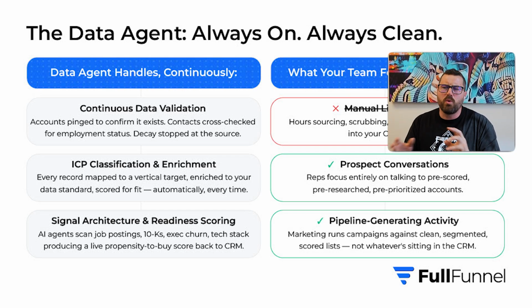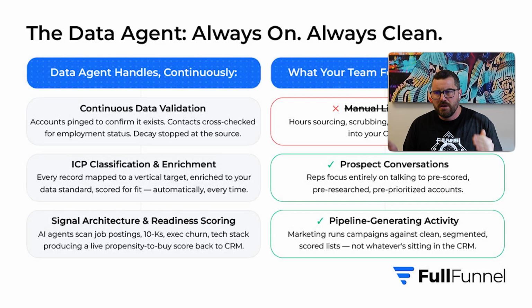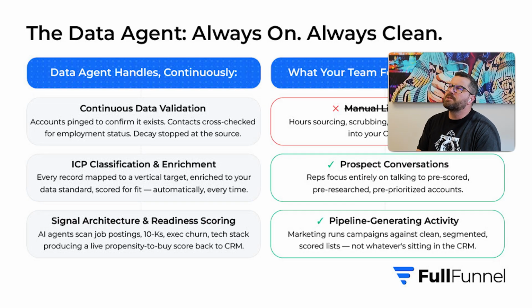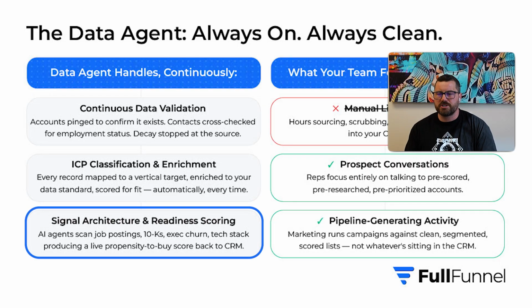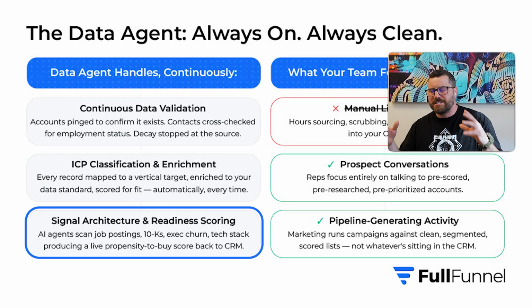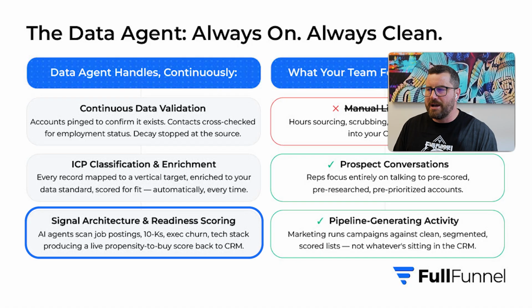So when you think about what a data agent is handling, number one is continuous data validation. Number two is making sure that all of the accounts and contacts are being classified against your ICP and then enriched appropriately. Most importantly, you're using a lot of signal architecture to make sure that the readiness scoring, or their propensity to buy from you, is constantly being evaluated on whatever time interval makes sense for your organization.